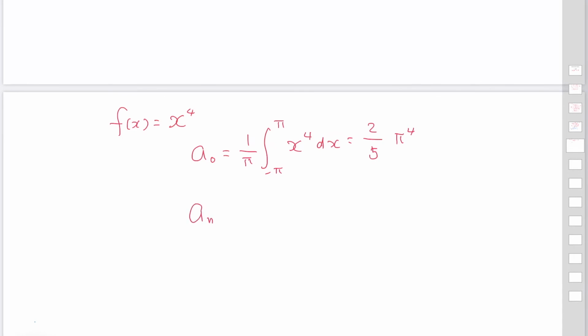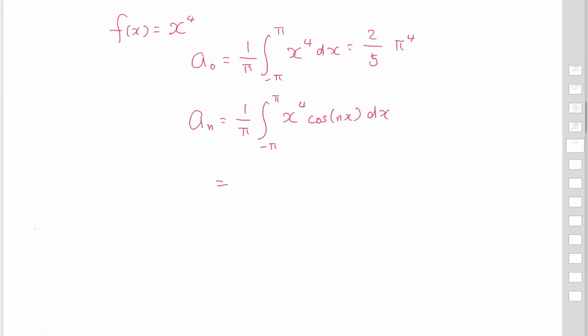Then a sub n is 1 over pi, integral from minus pi to pi of x to the 4th cosine nx dx. I skip how to calculate it, but it uses integration by parts several times.